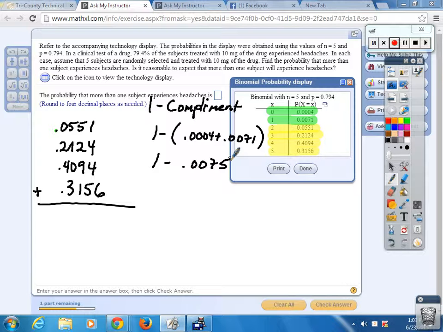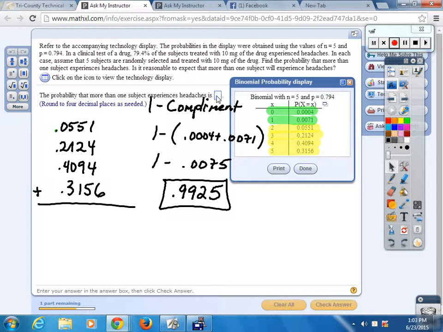And we all know the complement of 0.0075 to 1 is 0.9925, because you know that 25 cents makes a dollar and that busts the 99 up to 1. And if you add all those up, you should be getting that also. So 0.9925.